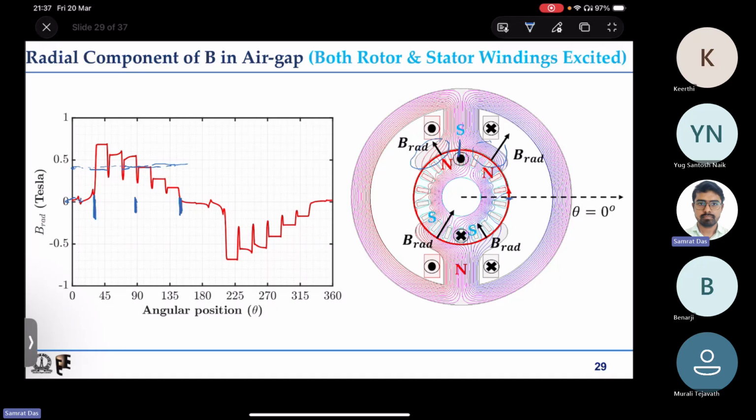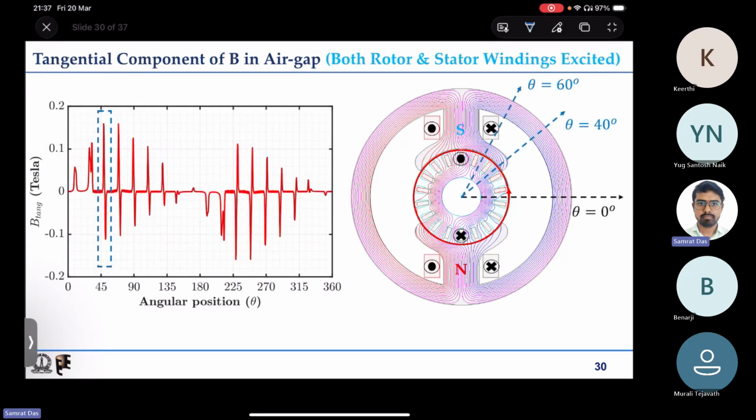Here, for some angle just lower than 270 degrees, this portion gets stronger, and on the other side, for some angle greater than 270 degrees, it gets weaker. The flux density magnitude gets weaker.